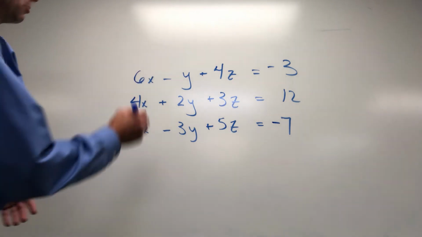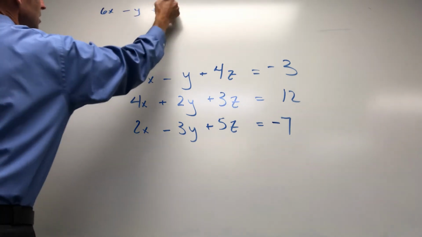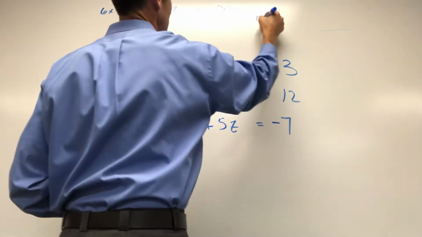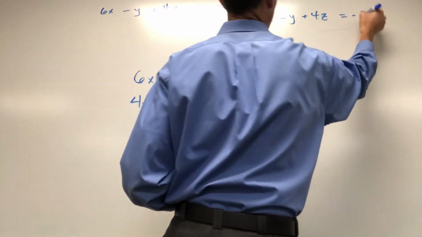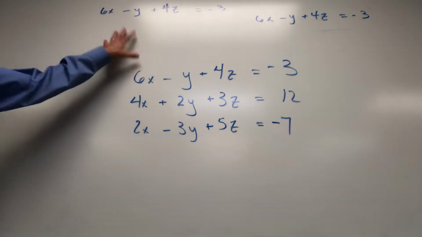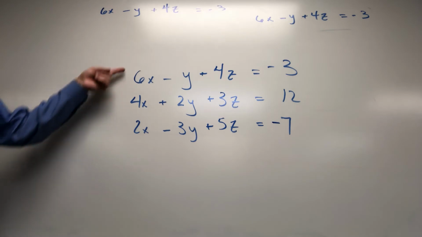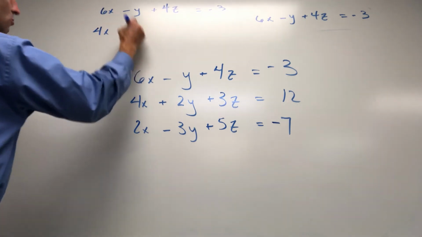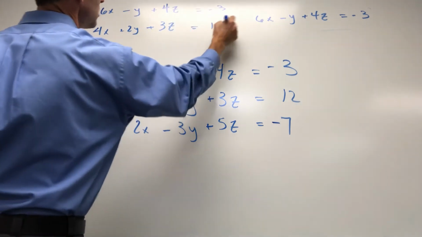I'm going to take my top equation, row 1, 6x minus y plus 4z equals negative 3, and write it down over here. Then I'm grabbing the middle one, which is 4x plus 2y plus 3z equals 12.